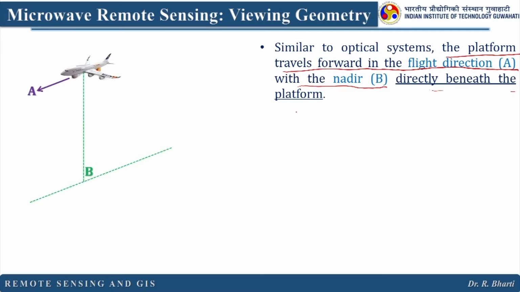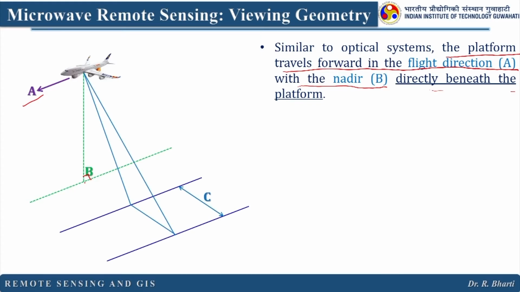So if we draw, it will be like this. This is the direction of your flight, and this is your nadir, which means the vertically down projected point on the surface, right. So this angle will be 90 degrees.